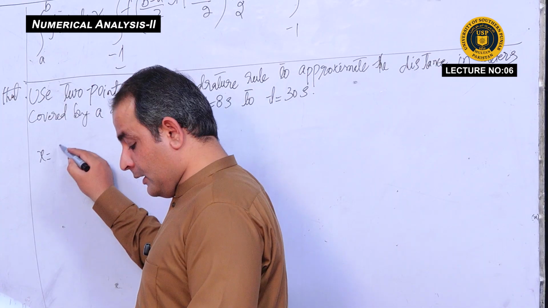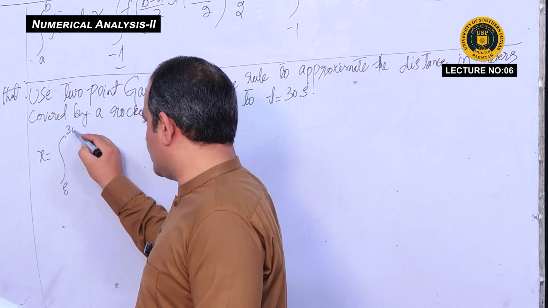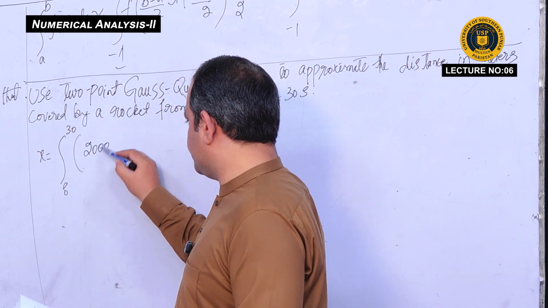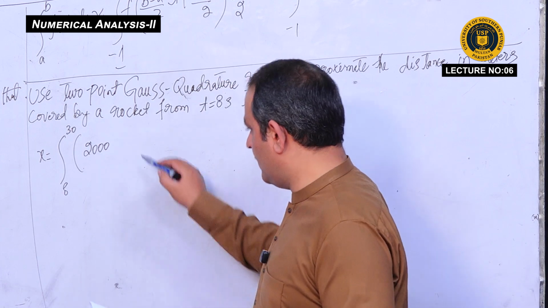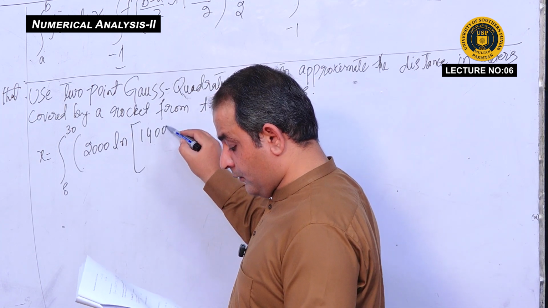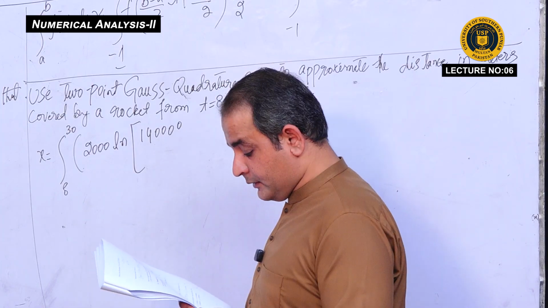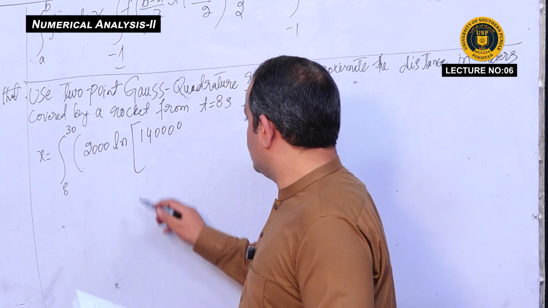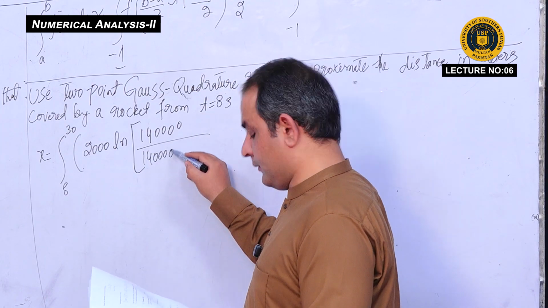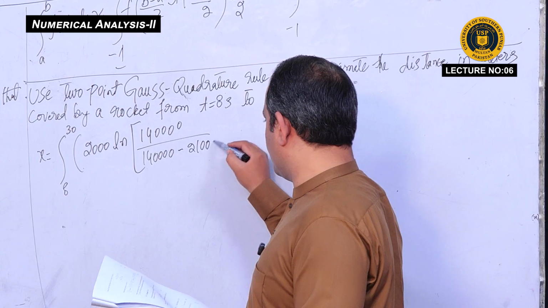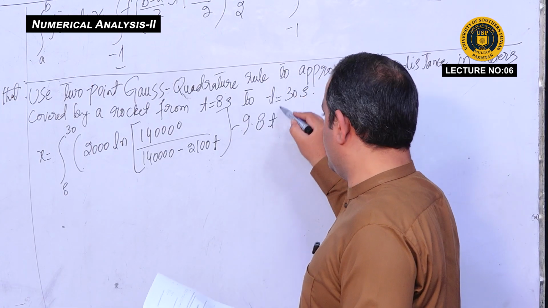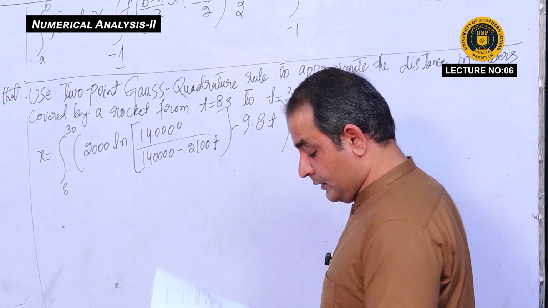So the distance will be the integral from 8 to 30 of 2000 log of 140,000 divided by (140,000 minus 2100 t), minus 9.8 t, into dt.